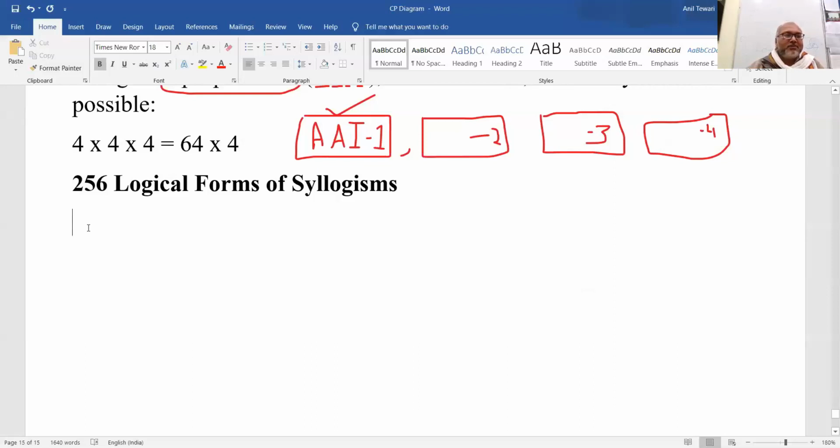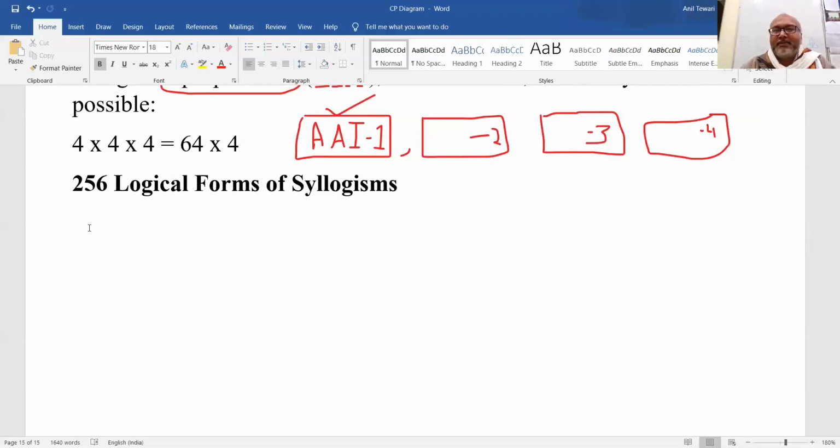You don't need to write every 256 one by one and then go on testing them. By using the rules, you can, in a very brief way, figure out how many logical forms are valid, and then of course the remaining forms will be invalid.